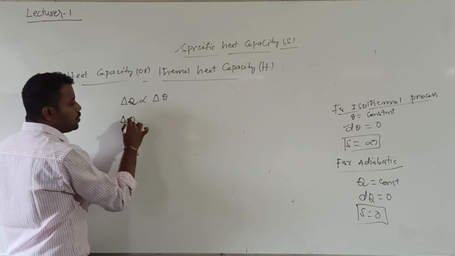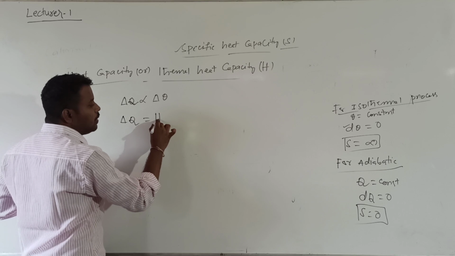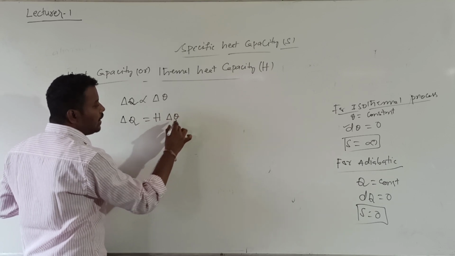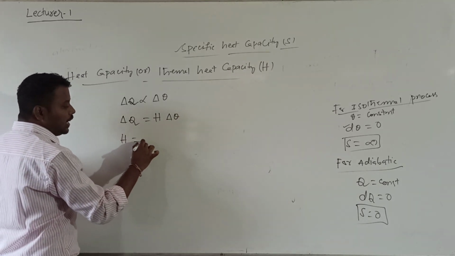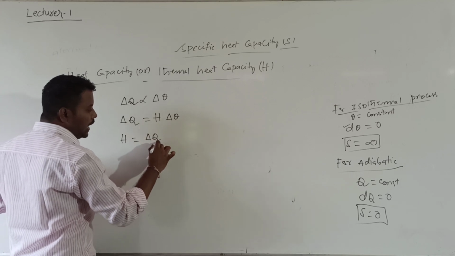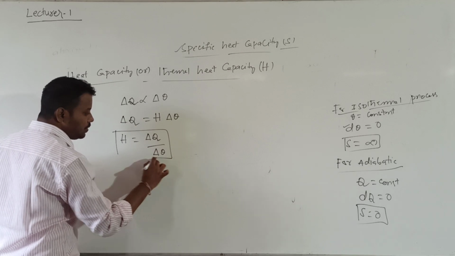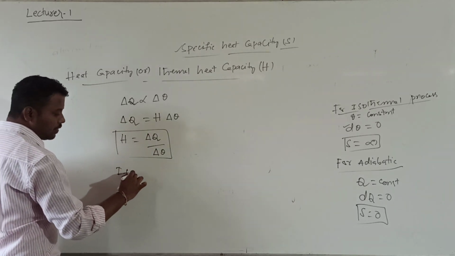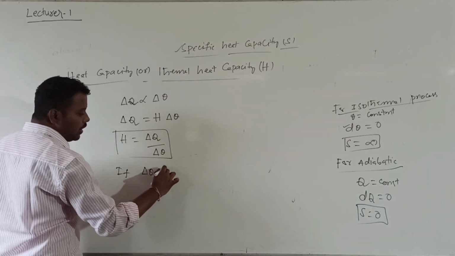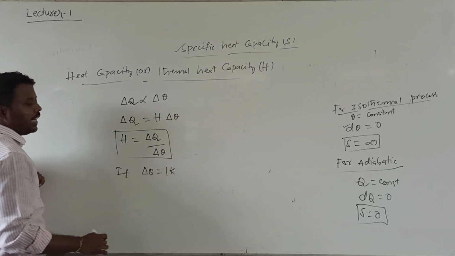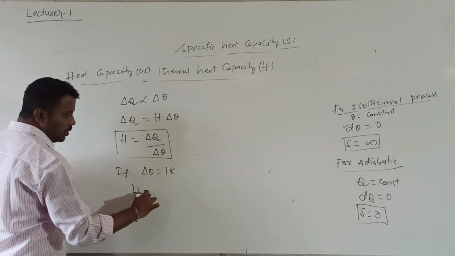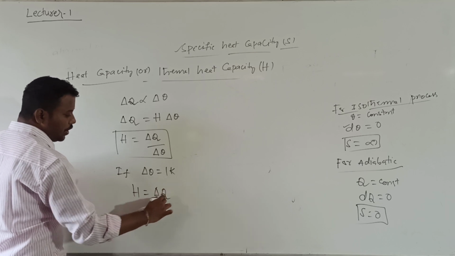To remove the proportionality, the constant is given by H into delta theta. The H value can be written as delta Q divided by delta theta. This is the formula for H. Whenever delta theta value is 1 Kelvin or 1 centigrade, H value is equal to delta Q.